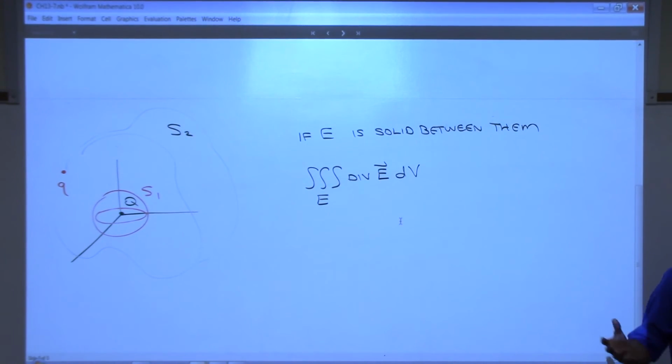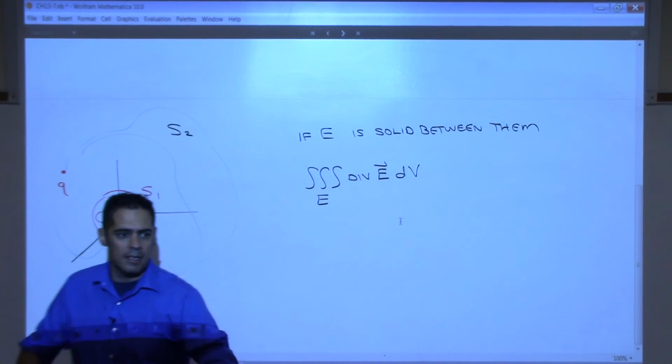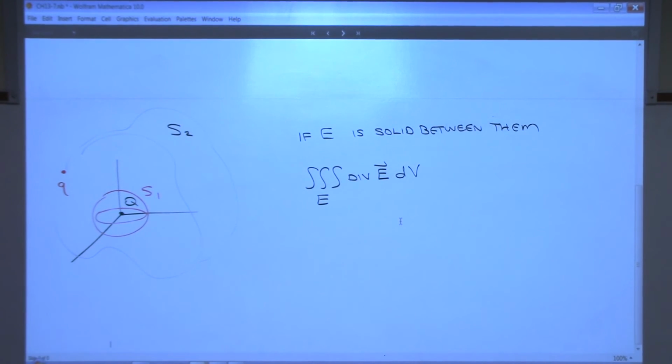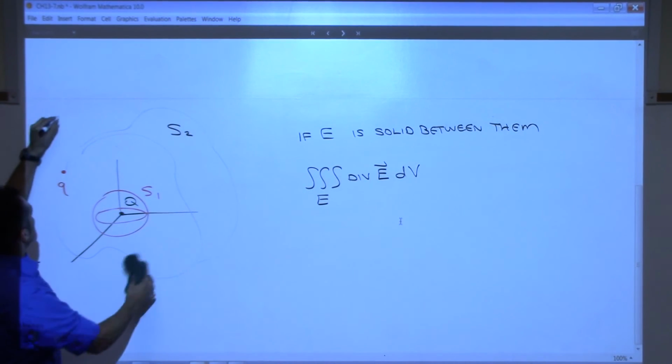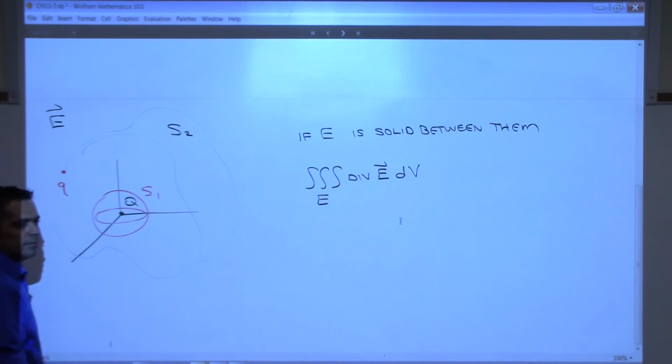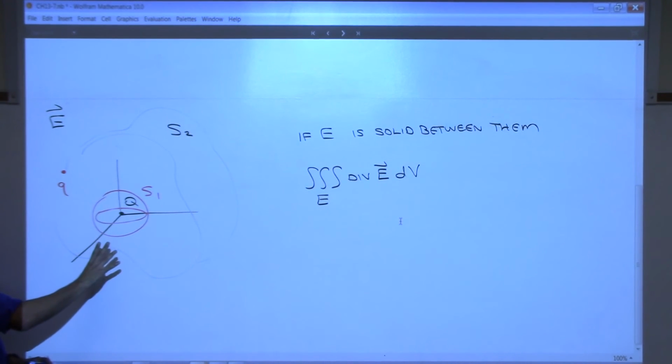F was the force field, but I said let's define E to be the force per unit charge. So do you agree that our new field out here is the field E, not to be confused with the solid inside, which is just E without a vector? Should I change the name of the solid, or are y'all okay?